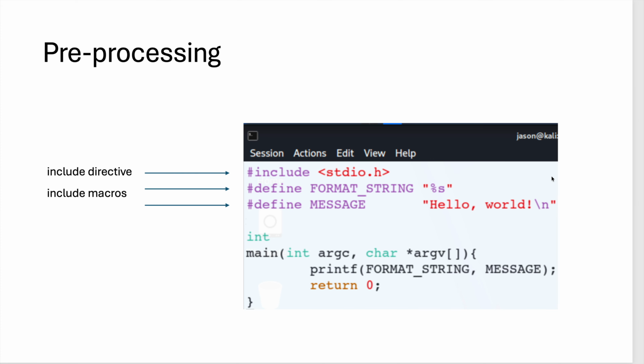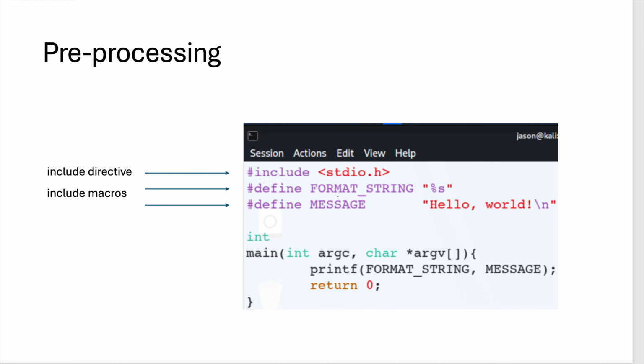Now, there's something called pre-processing, in which we include the actual header information. This is like the C language's version of their own API. So they are asking you to bring in all the assets in the standard in-out library that they have through the .h header.